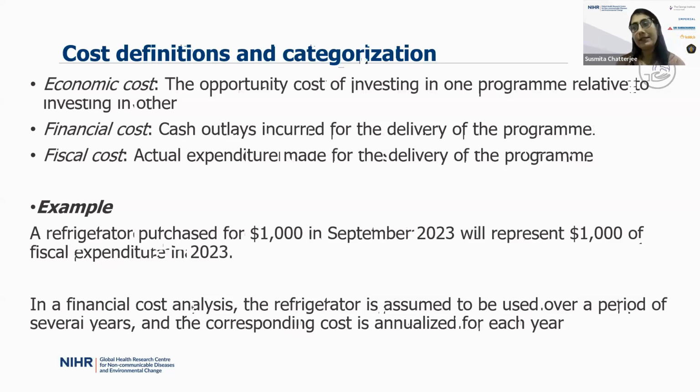If the government is interested only in the expenditure, that is a fiscal analysis, you put everything. But if you want to give the correct picture, that is, what is the cost of that refrigerator only for 2023, because it will run from 2023 to 2032, 10 years, so you have to annualize.